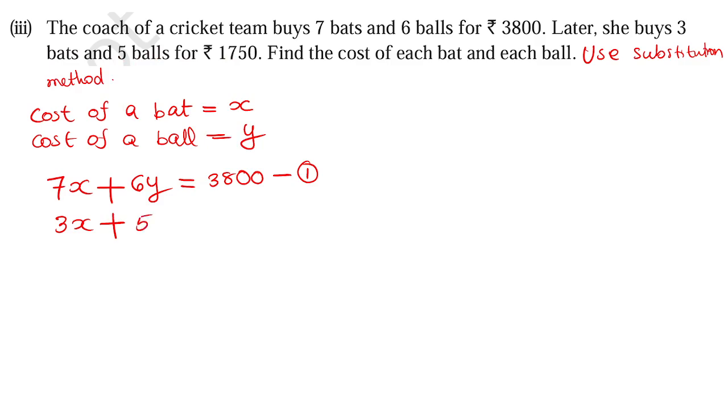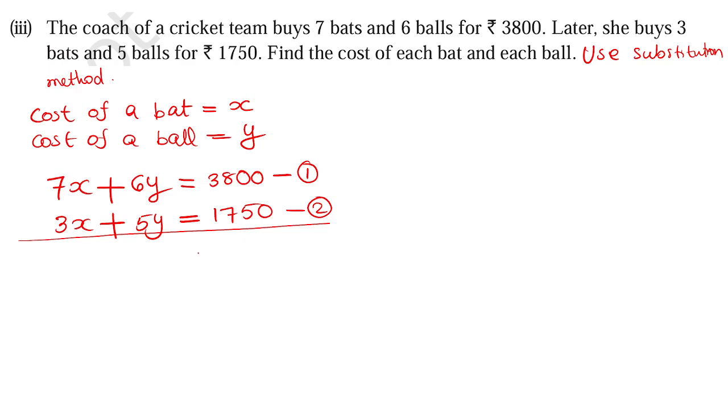Correct? So 3X plus 5Y will be the total price if she buys 3 bats and 5 balls. Given as 1750, equation number 2. I want X and Y.